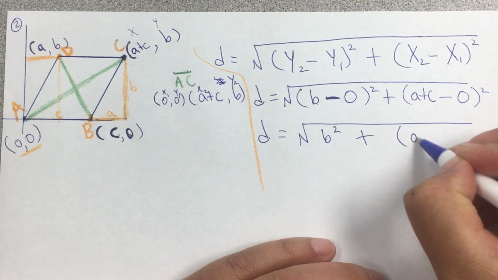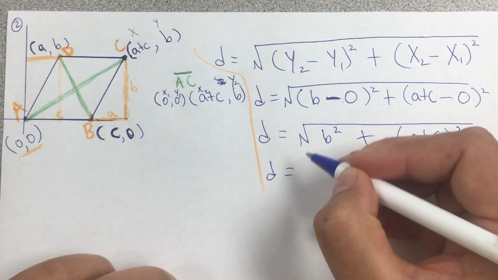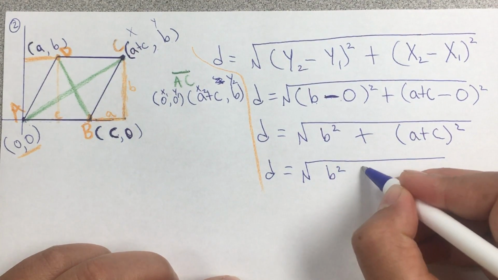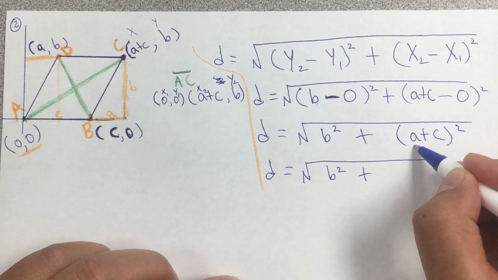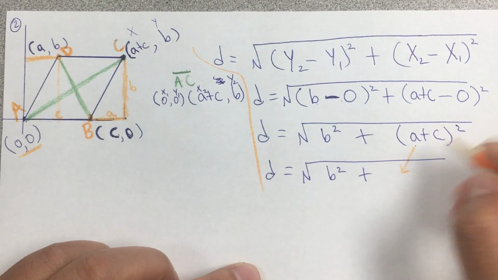It's just A plus C squared. And so we bring down the B squared plus, remember that when we have a binomial, you have 3 different terms.